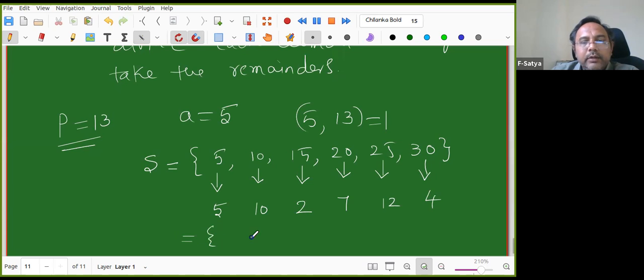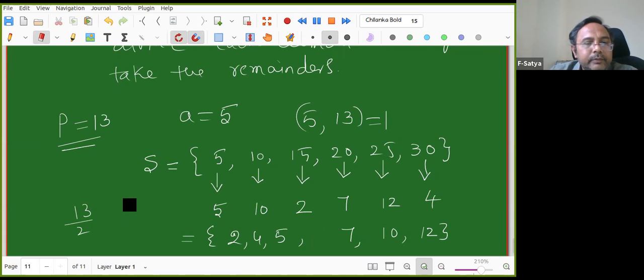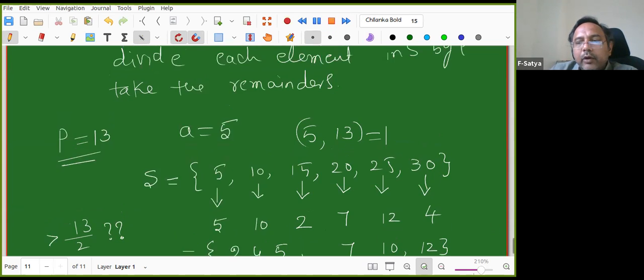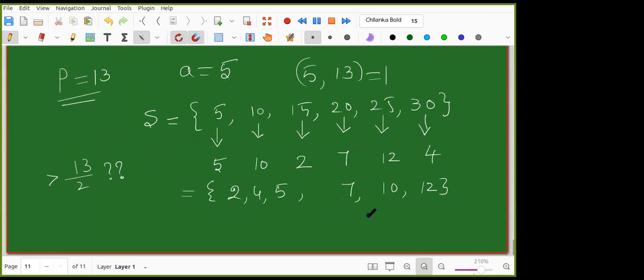So what are the numbers? 2, 4, 5, some gap I am giving here, 7, 10 and 12. So in these, how many are greater than 13 by 2? Three.